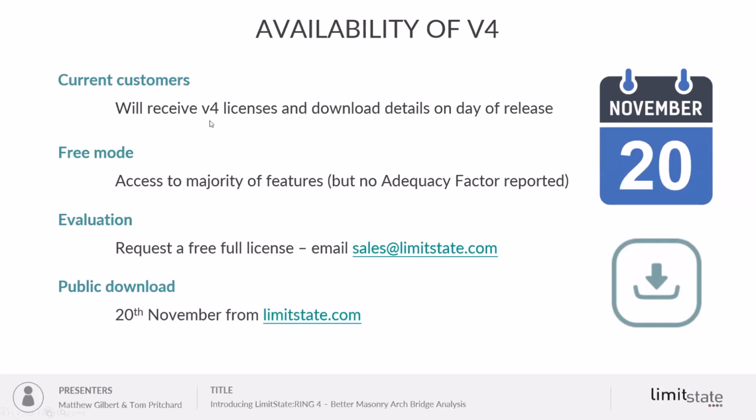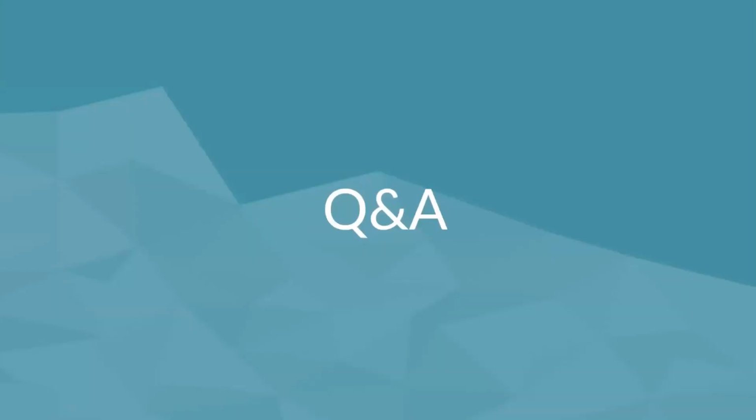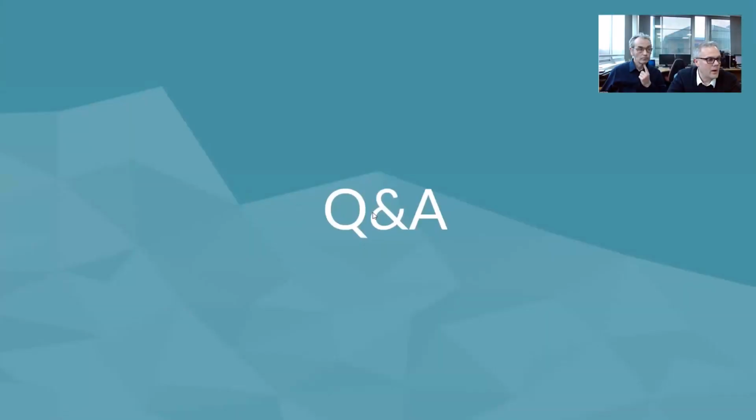However, if you did want to evaluate the software, then if you get in contact with us via email on sales@limitstate.com, then you can request a free full short-term license in order to do that evaluation. And as I mentioned, the public download will be on the 20th of November, and you should be able to get it from LimitState.com.